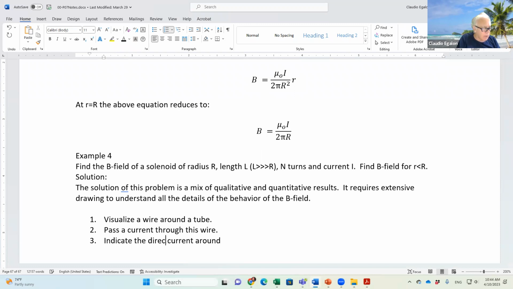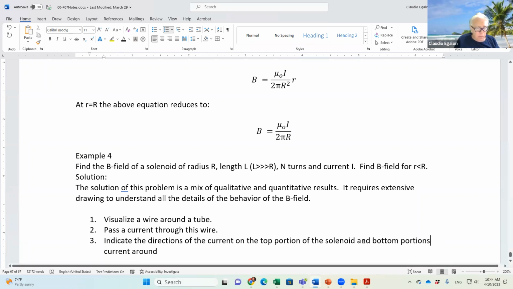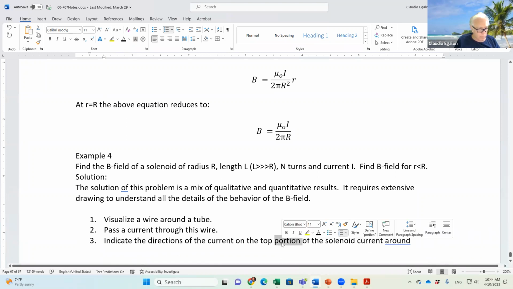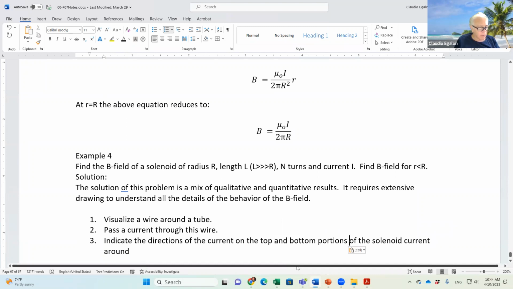Indicate the direction of the current on the top and bottom portions of the solenoid. That's what I did in my drawing.